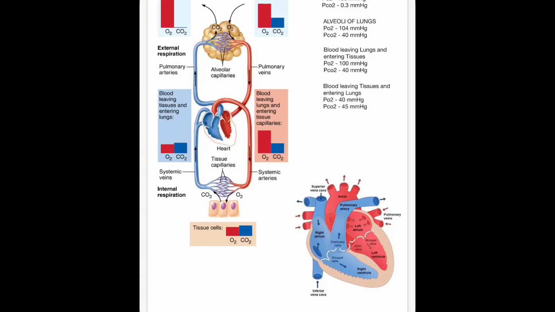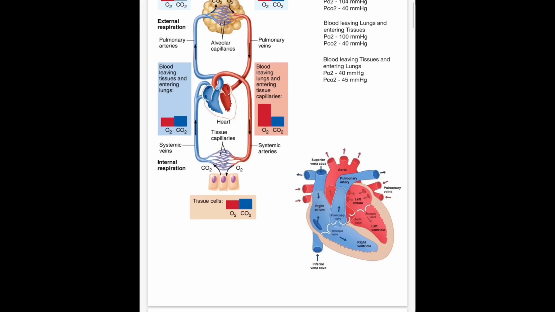So from the arteries the blood is transported through arterioles, then the tissue capillaries, then venules, then vein. This is how it works.